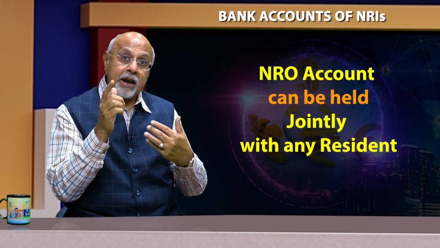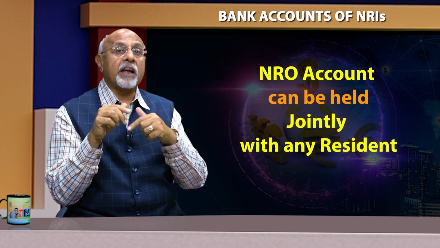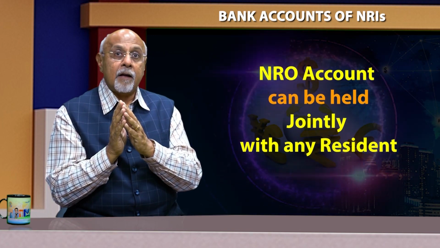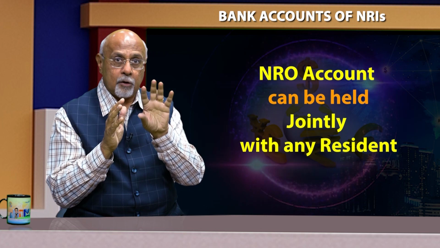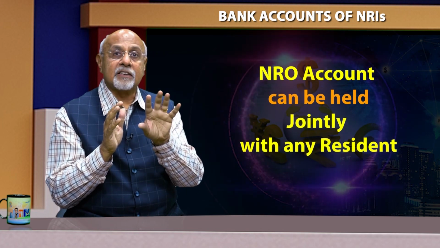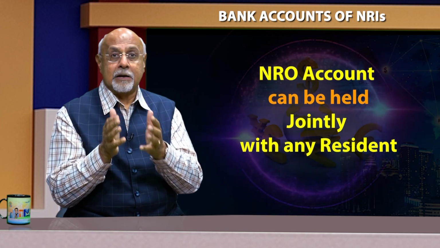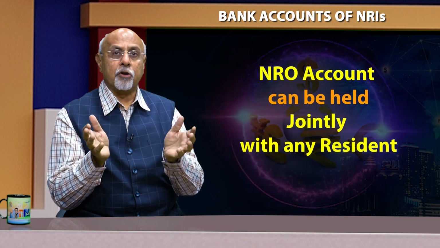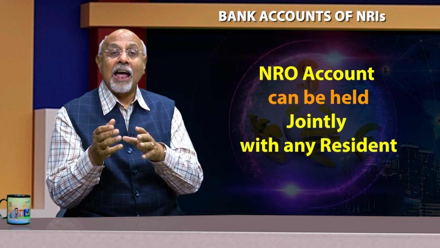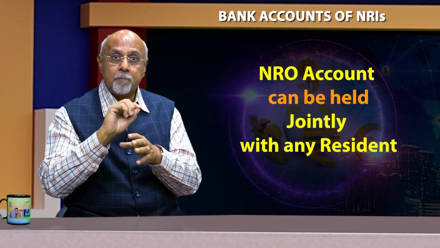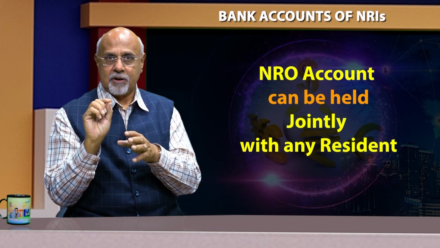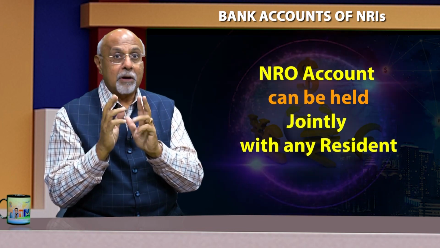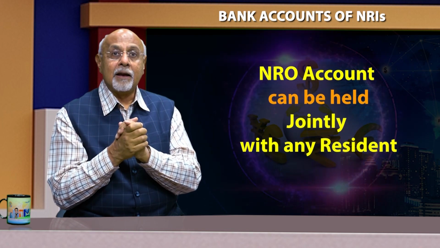In the case of an NRO account, you have the added advantage that, because this is an ordinary rupee account, the non-resident can have any resident person of his choice, say his relative, friend or anybody whom he wishes, as a joint account holder in the NRO account, and that would make it very simple or easy. But two things you have to keep in mind.